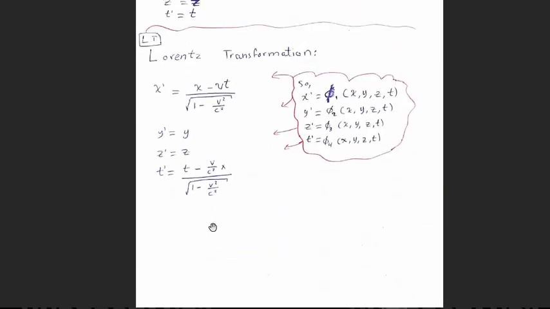We need to get x dash, y dash, z dash, t dash. This is the result that we will get by the end of this video. We know that x dash should be a function phi 1 of x, y, z, t, and the same for y dash, z dash, and t dash.